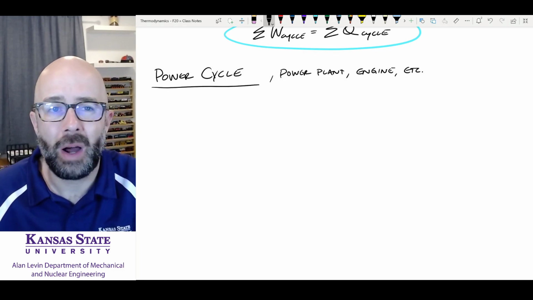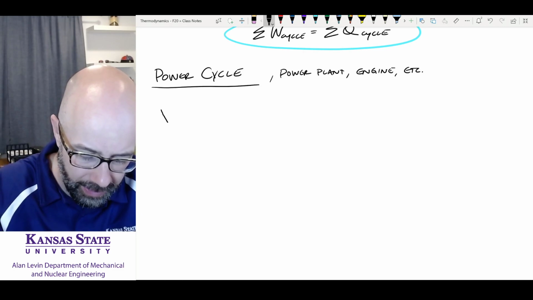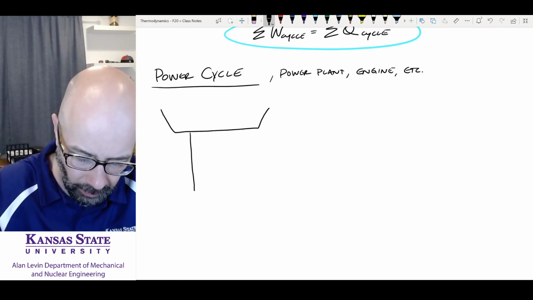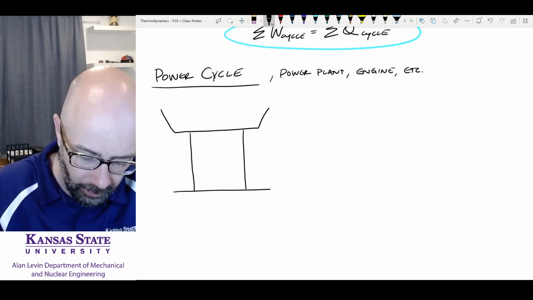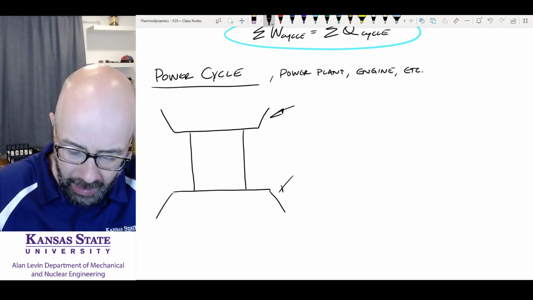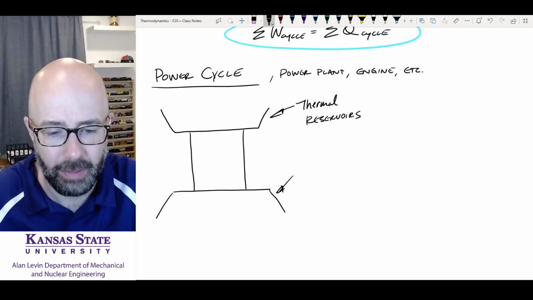And when we draw our cycles, we're going to draw them in a very interesting format that you're going to see. This thing is going to look like this. Okay, these pieces right here, these are thermal reservoirs. That's both a thermal reservoir.